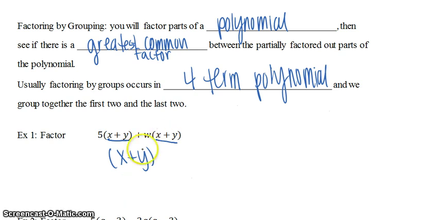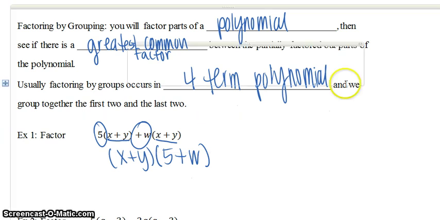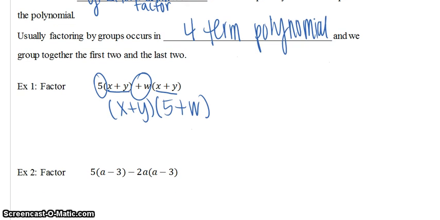But these have to be the same for you to be able to do that. Then you're going to take what's left. You have a 5 and a positive w, so that's going to be your second factor. And that will factor out to the same thing if you were to FOIL or distribute everything out. Okay? So we're going to continue on.